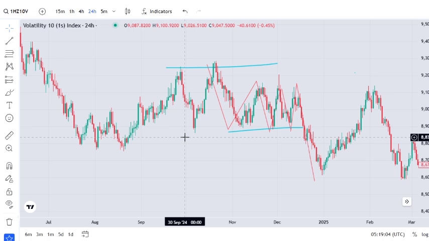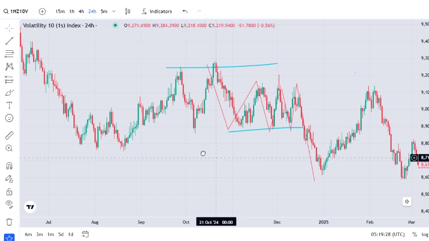In the swing structure, we have a low and a high, so it is the low that will be the premium for the market to target in a bearish trend. Reverse the case for a bullish trend. In a bullish trend, the market will always go for the extreme or the swing high, while in a bearish trend, the market will always go for the extreme or the swing lows.